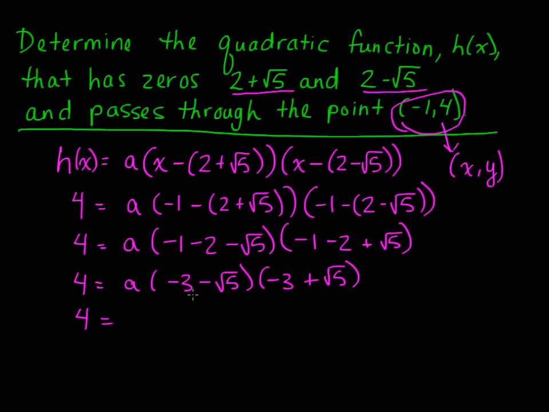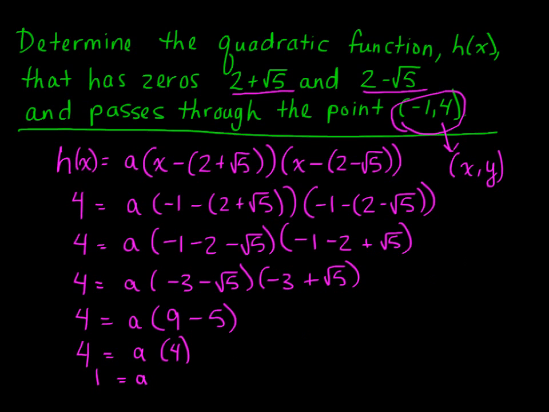This is actually the factored form of a difference of squares. So originally that difference of squares would have been 9 minus 5, and you can expand that step by step using distributive property to show that that is true. And so 9 minus 5 is 4, and so we get that a is equal to 1.